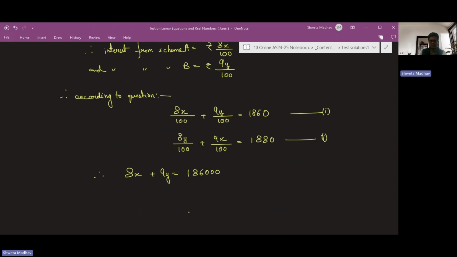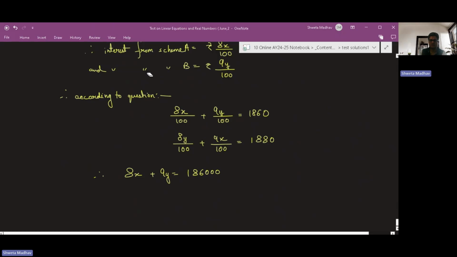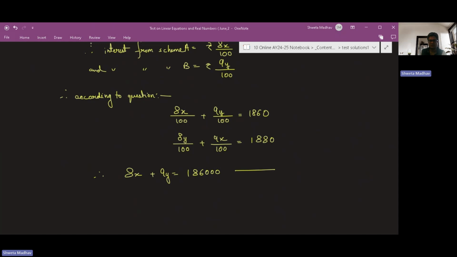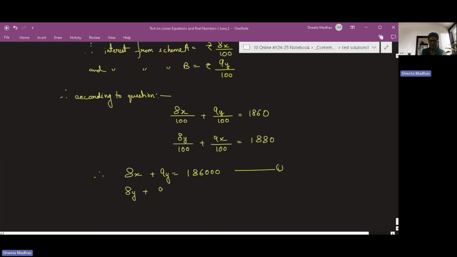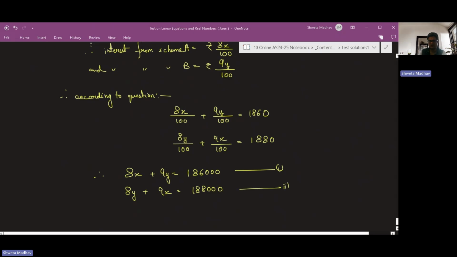Let's call this equation 1. And similarly 8y plus 9x is equal to 188,000. So this is our equation 2.